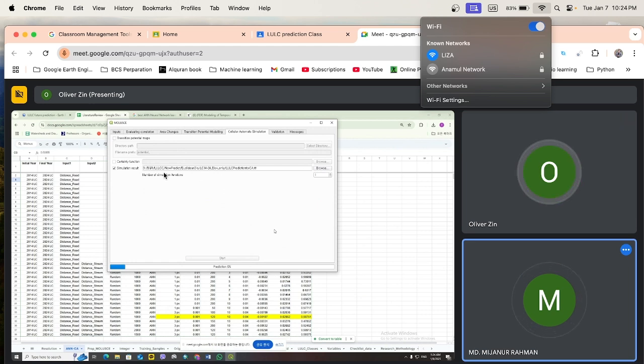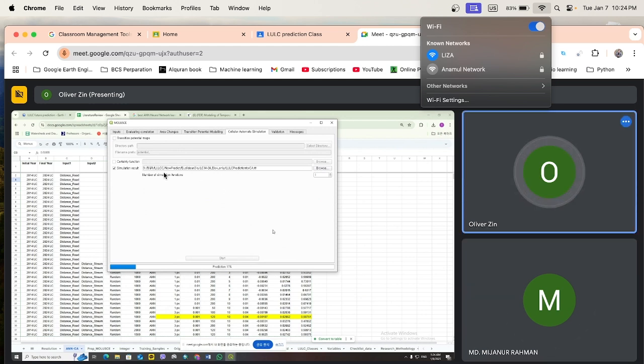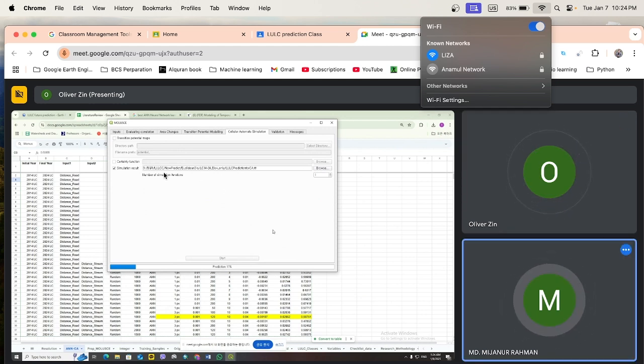After creating this map, we also check the accuracy. One accuracy is for our model, another accuracy is for our map. After completing it, we also click on validation, and from this validation we check our accuracy.